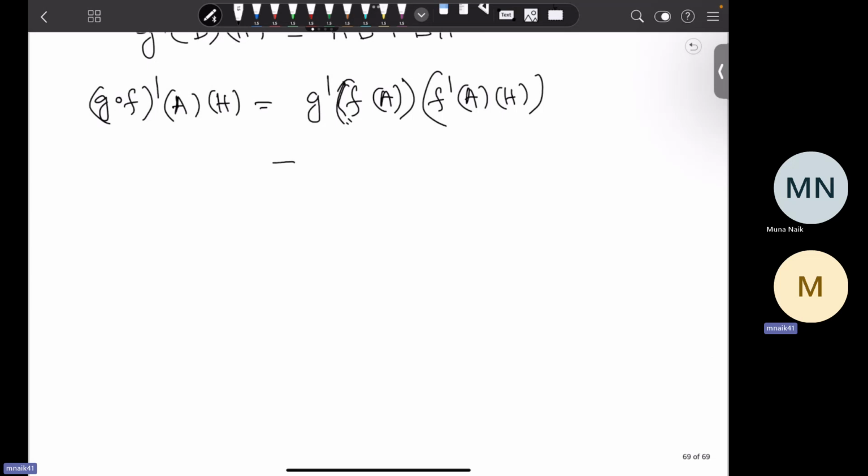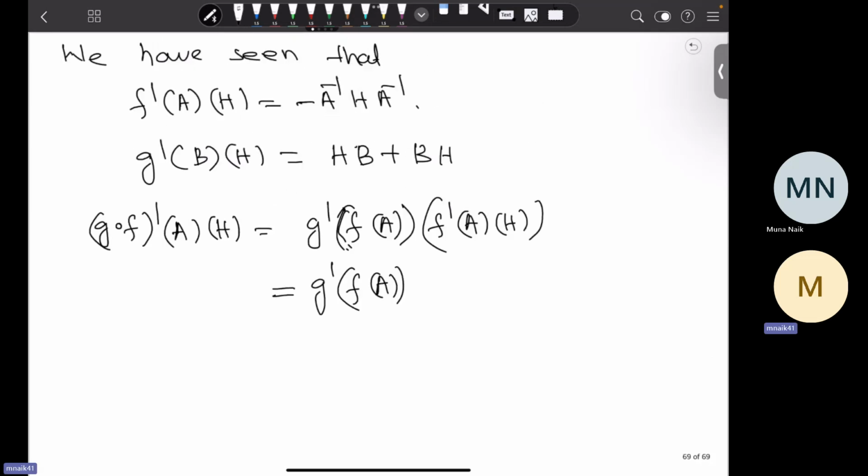This is nothing but G prime of f of a. So what is f prime of a at h? This is minus a inverse h a inverse.